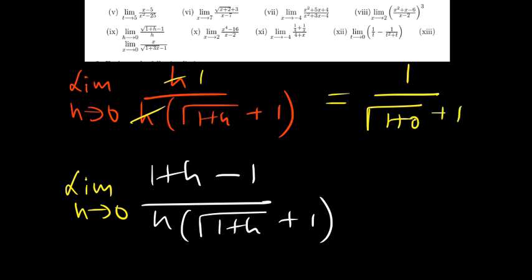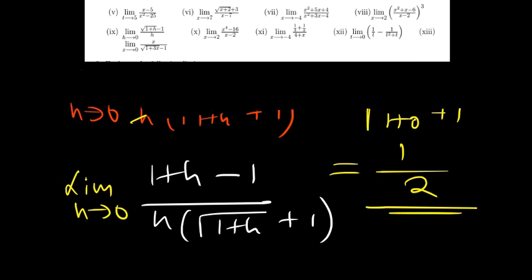So 1 over root of 1 is a 1, plus 1, so that's a 2. So I have 1 over 2 as the result. So just multiply by the conjugate. I think at this point you should be able to answer the next question without any challenges.